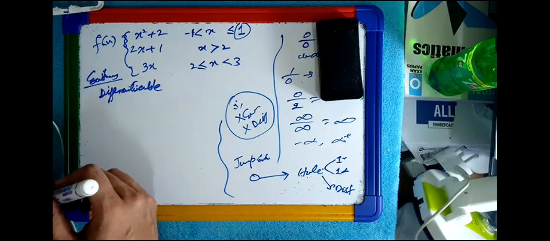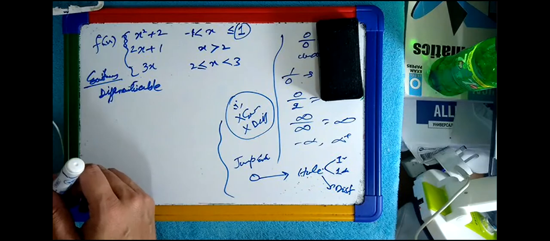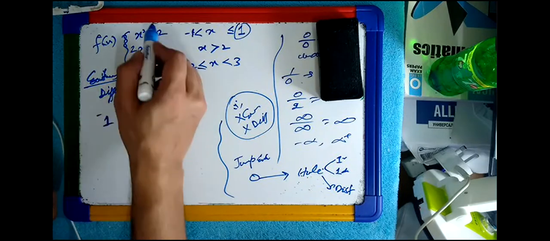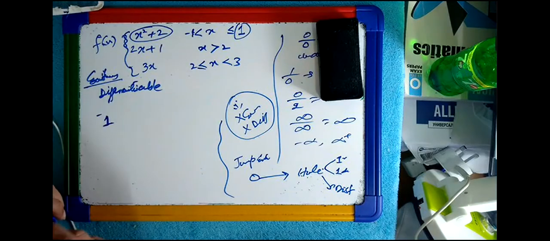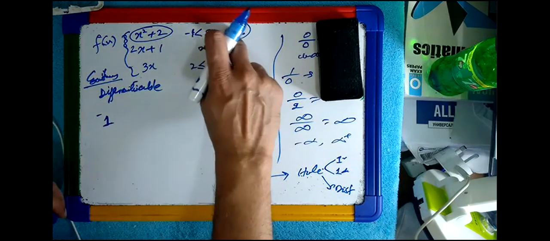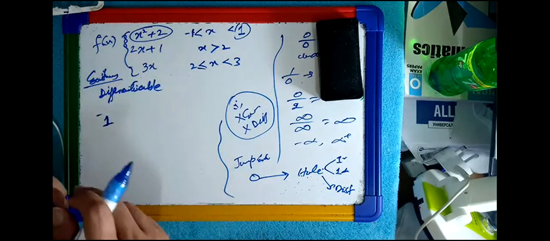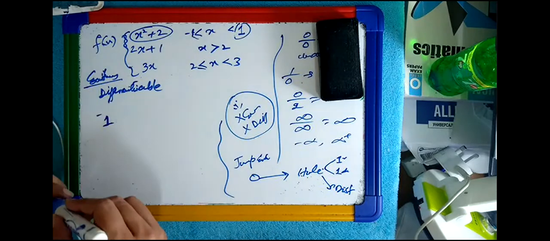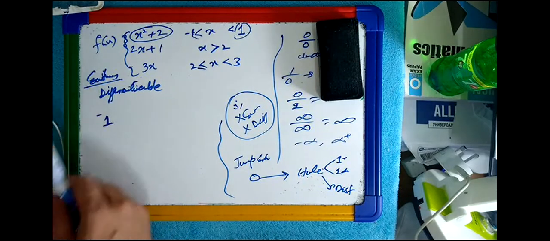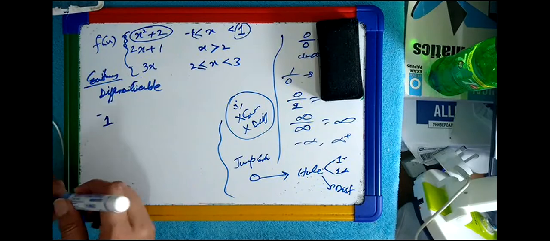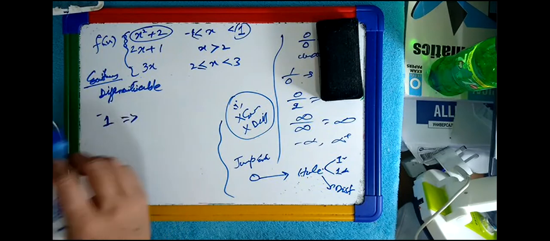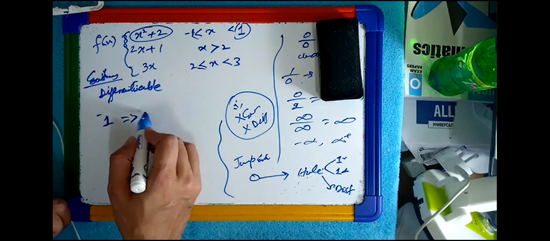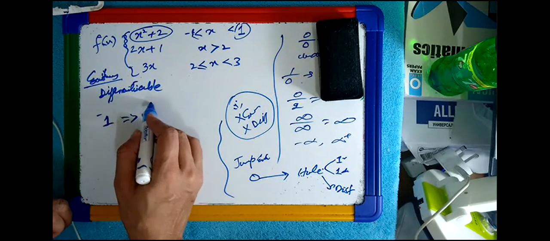If it is less than 1, not less than or equal to 1, only less than 1, then it lies on this function. If I put 1 in this, the answer is 1 squared plus 2, which is 3.